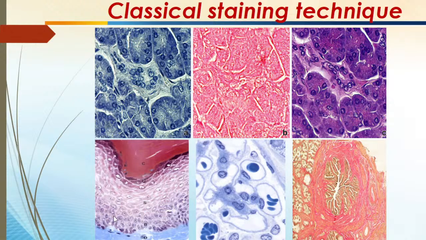Purple is epidermis, different types of epidermis, five layers. And the last, red, is stratum corneum, the cornified area of the epidermis. So with the trichrome stain by Masson, different types of tissue can be identified in the structure of an organ.